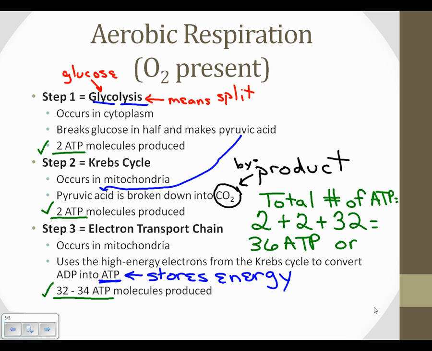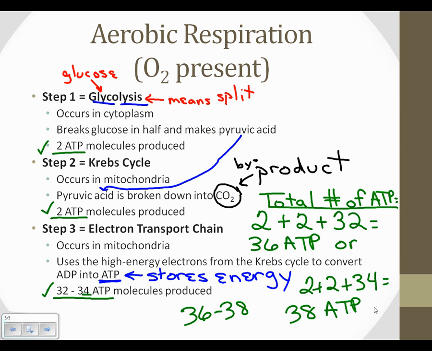Or we would have the 2 plus 2 plus, we'll use this 34 this time, and that's 38 ATP. So at the end of aerobic respiration, we can make 36 to 38 ATP molecules. And that's a lot of energy that is created during one cycle of aerobic respiration.